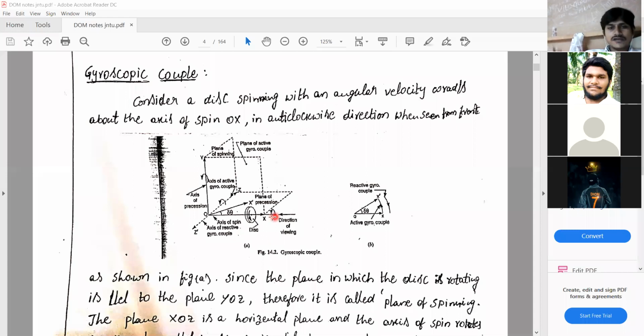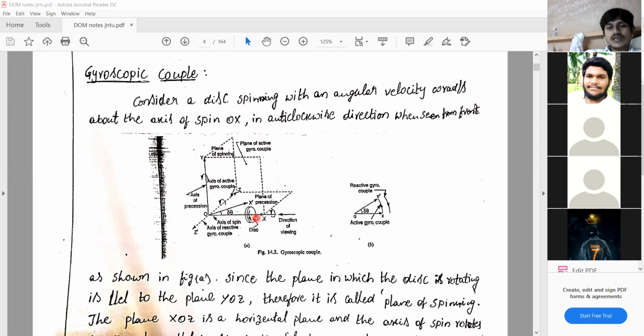Here all of you observe that XOZ is one plane, YOZ is one plane, and XOY is one plane. So we have three planes in our diagram. YOZ is parallel to the spinning disk, so YOZ is called the plane of spinning or spinning plane.